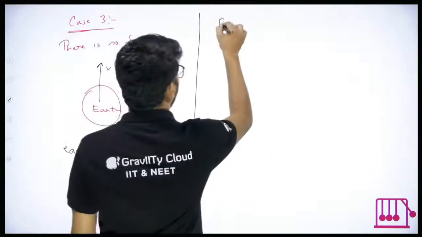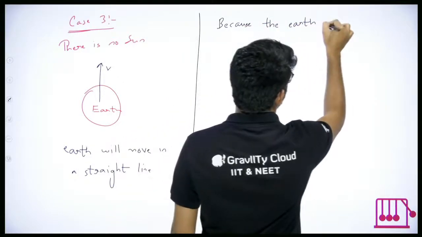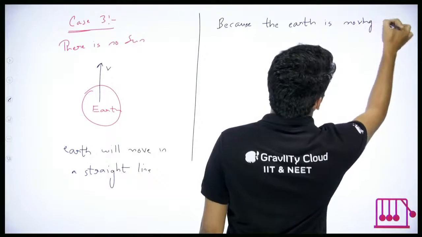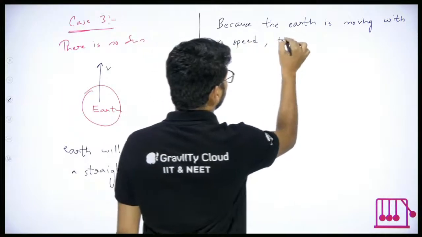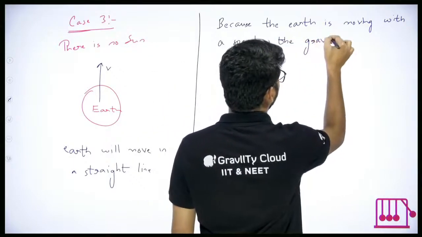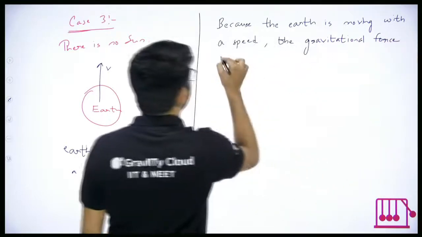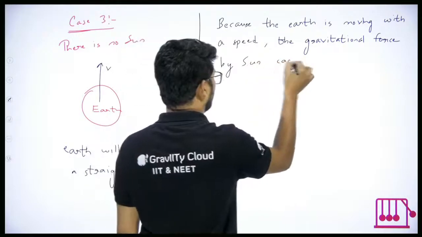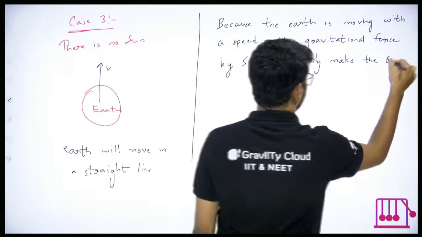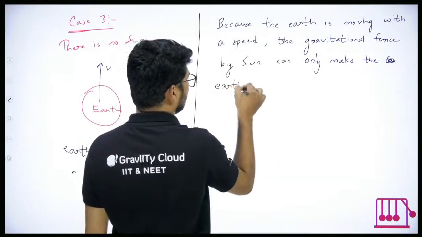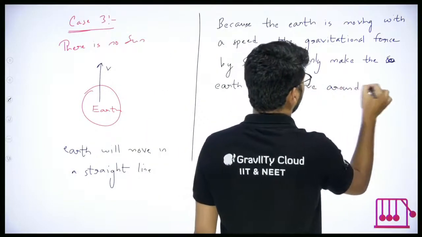Okay? So you can write the answer as: because the Earth is moving with a speed, the gravitational force by sun can only make the Earth revolve around it, not fall into it.